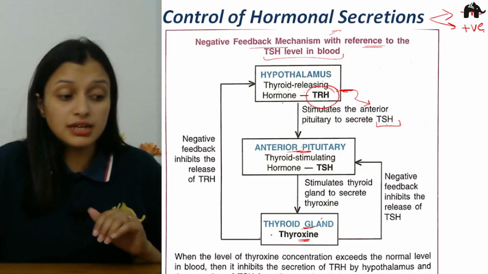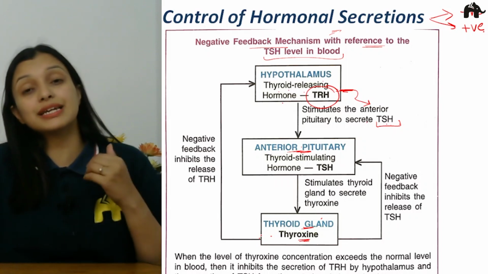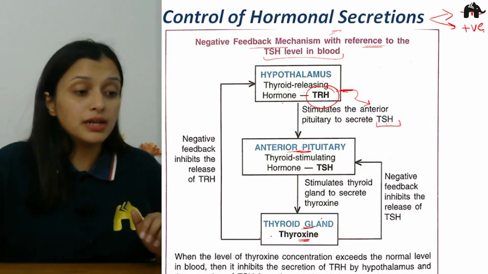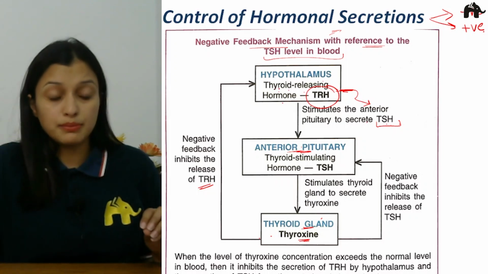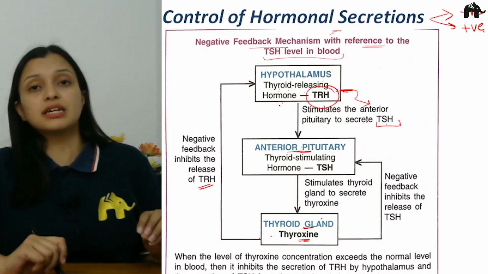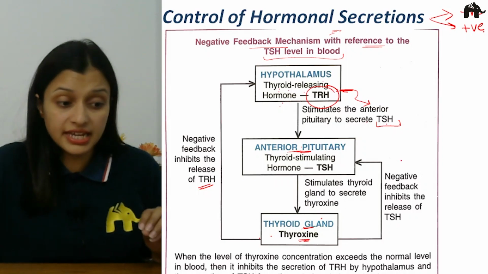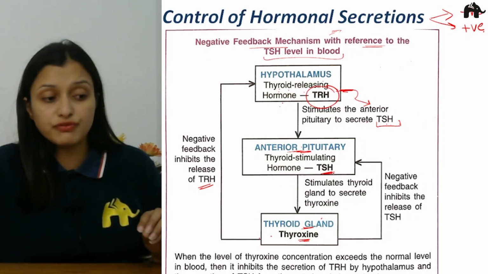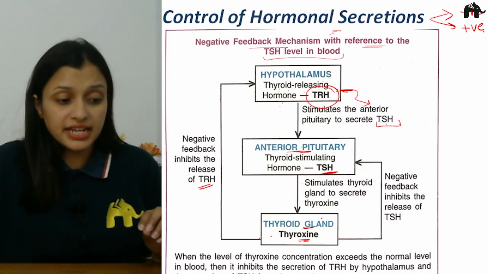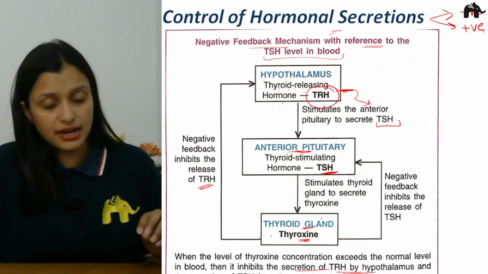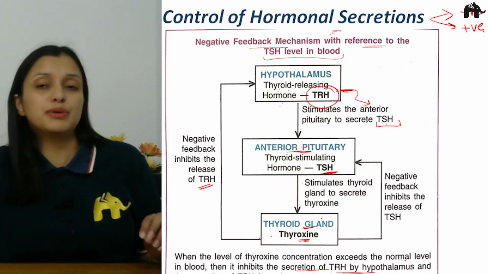It will go back and signal the hypothalamus to stop secreting thyroid releasing hormone, and also inhibit the secretion of TSH from the anterior pituitary gland, right?